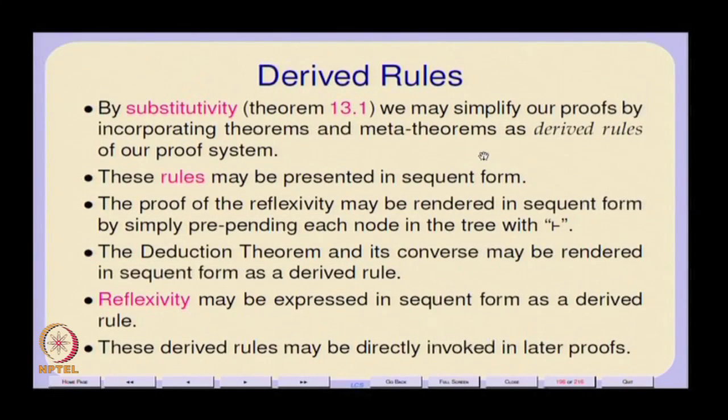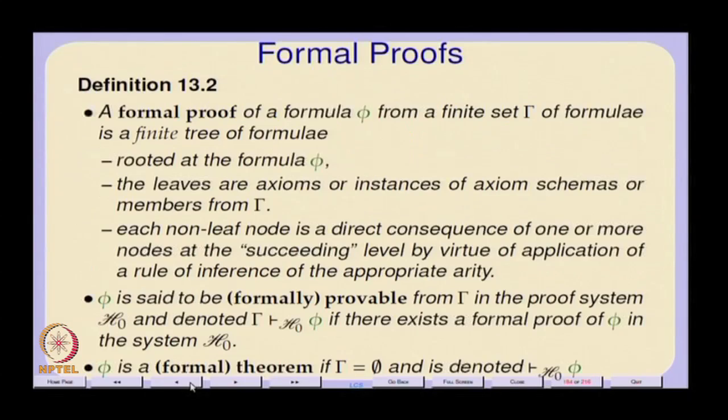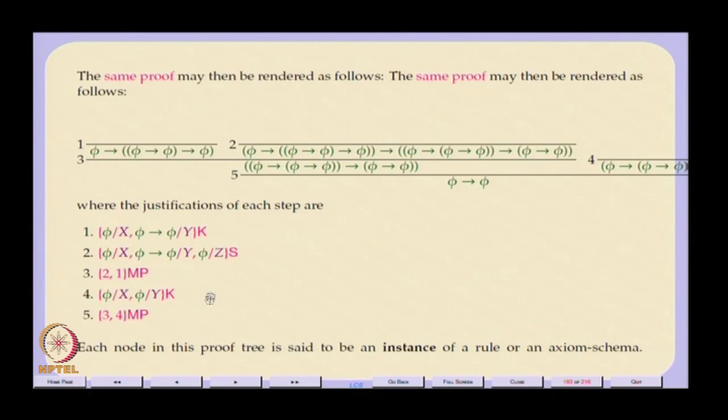So, we could take these lemmas and these metatheorems and express them as derived rules and present them in a sequent form, so that the assumptions are also clear. Of course, the proof that we have already done of reflexivity, for example, is something that we can already incorporate. Okay, so this is what we did.